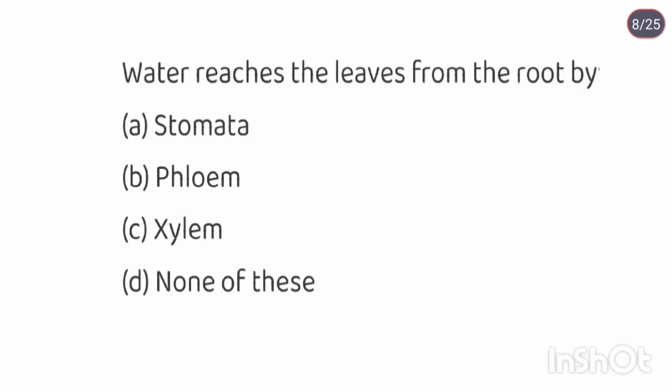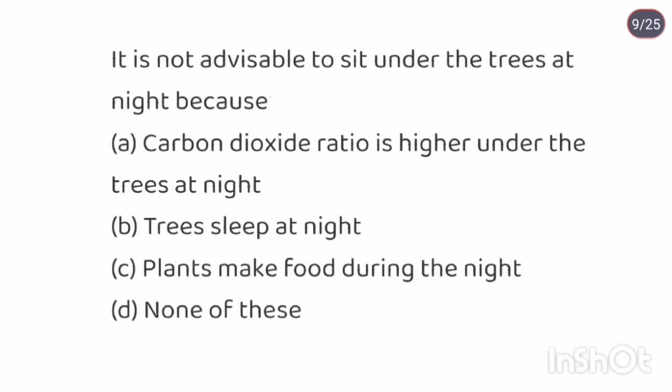Water reaches the leaves from the root by option C, xylem. It is not advisable to sit under the trees at night because option A, carbon dioxide ratio is higher under the trees at night.